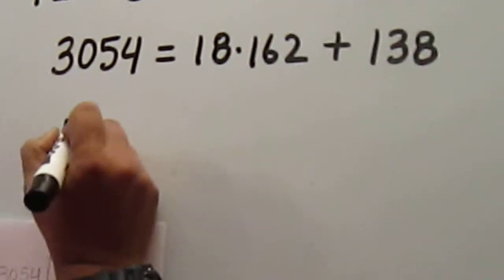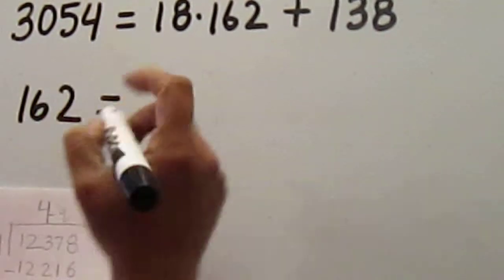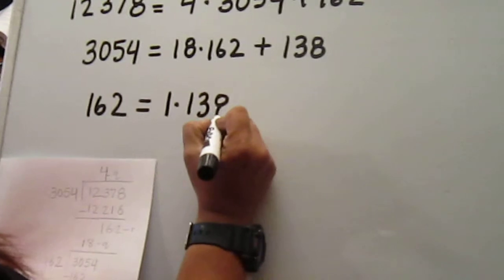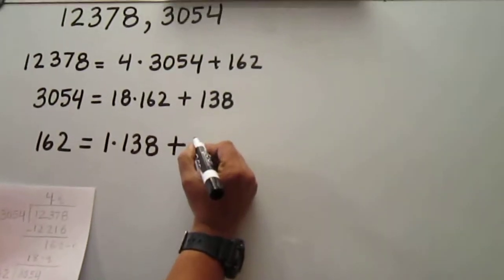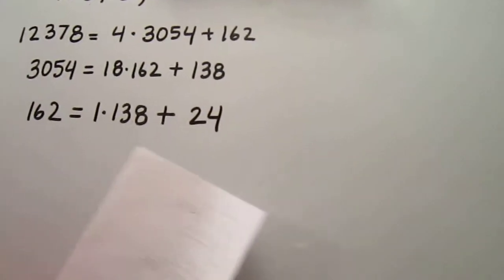Now we have 162, which will be divided by 138. It will go only one time, so the quotient is 1 times 138. 162 minus 138, we have a remainder of 24. Correct?